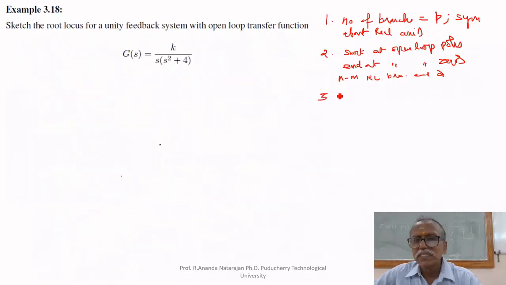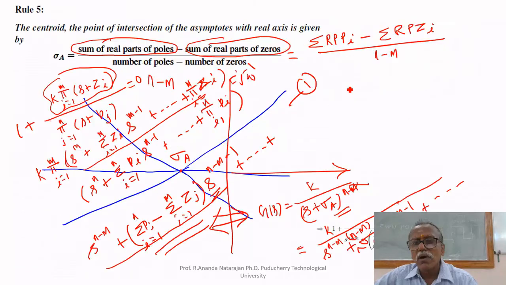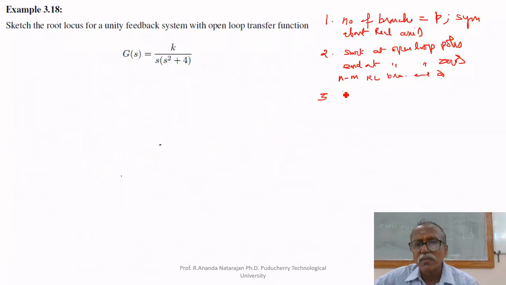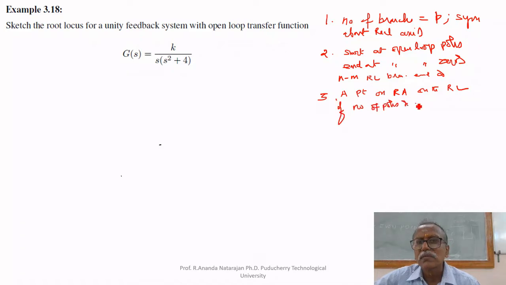Third rule says a point on the real axis is on the root locus if number of poles and zeros to its right is equal to odd number.